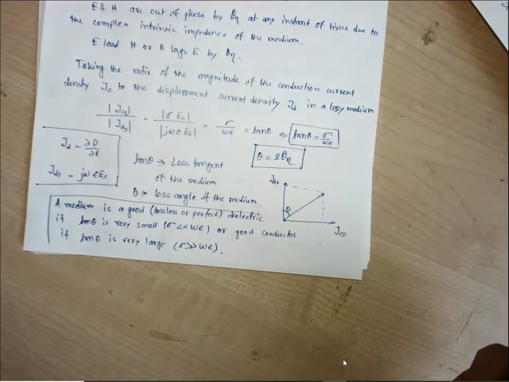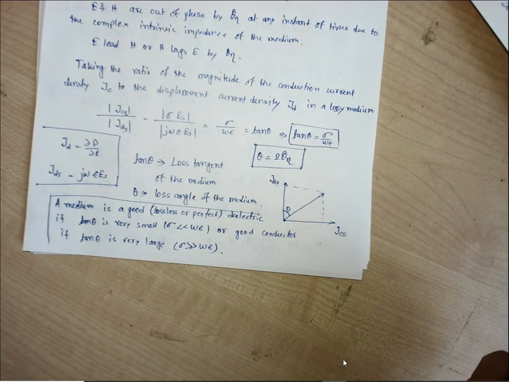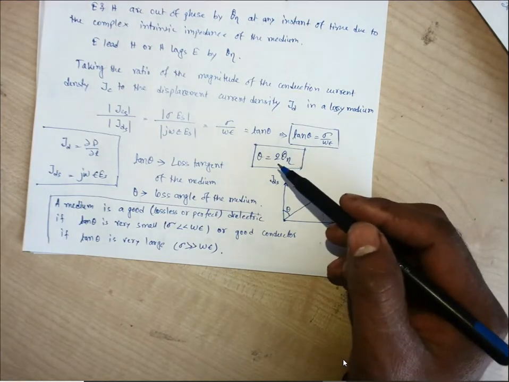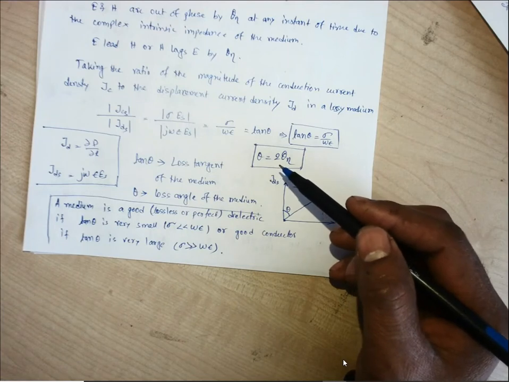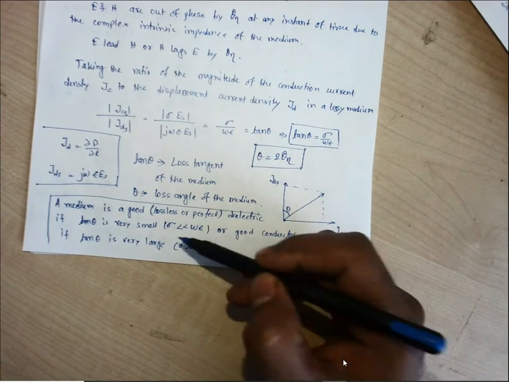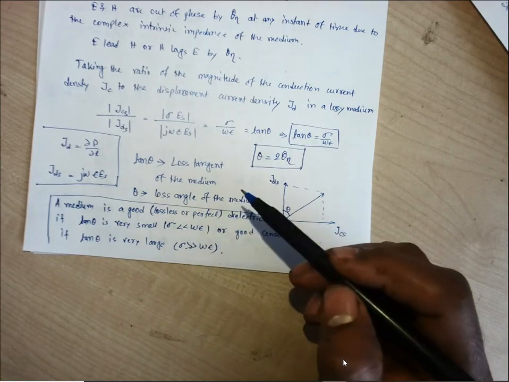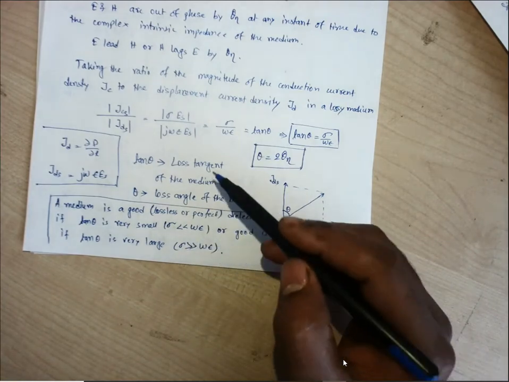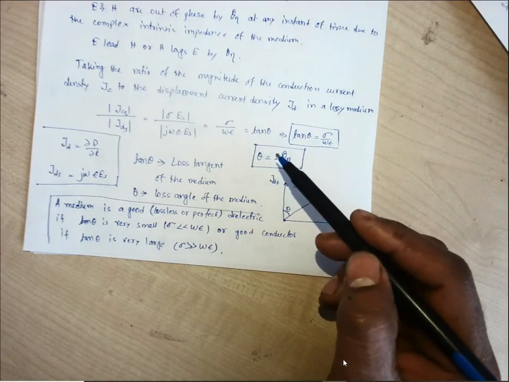Depending upon this loss tangent, we need to specify our medium. If loss tangent is small, then it is good, or good means lossless or perfect, we can say. Depending upon this omega epsilon and this sigma, we specify. So a medium having a small loss tangent is a good dielectric.